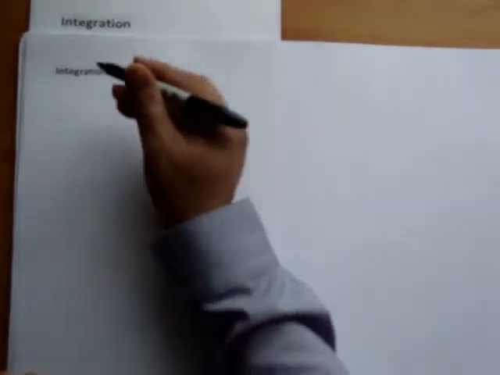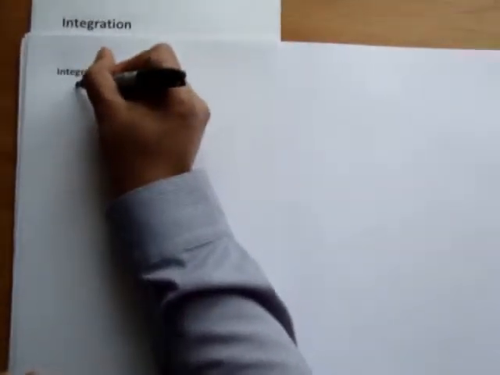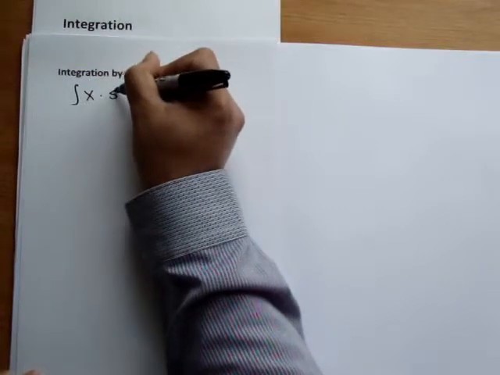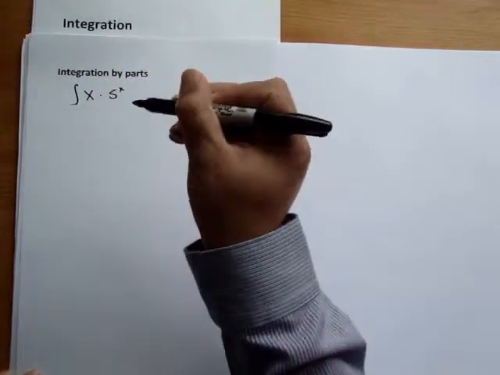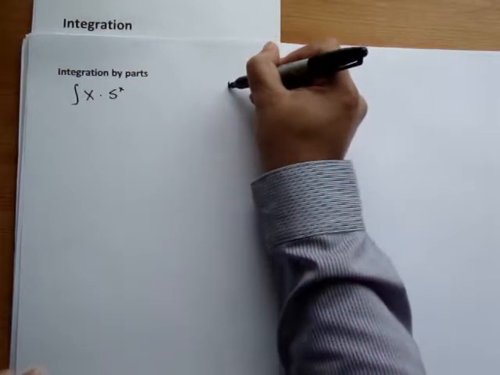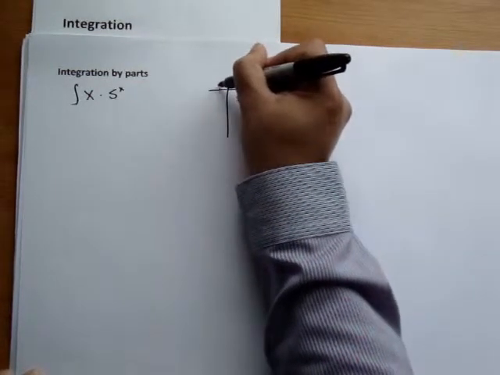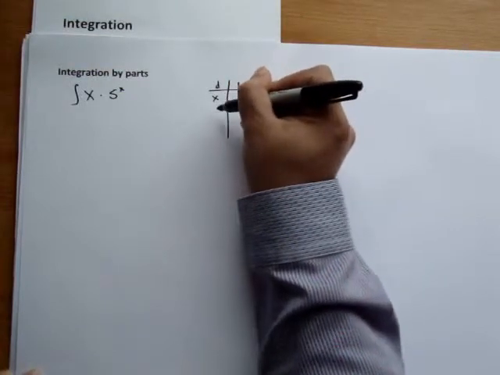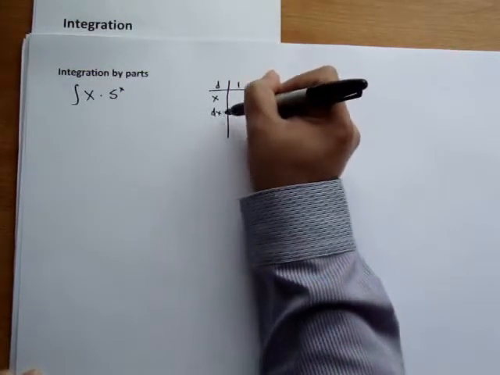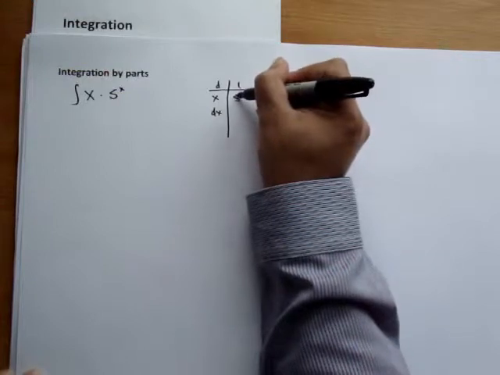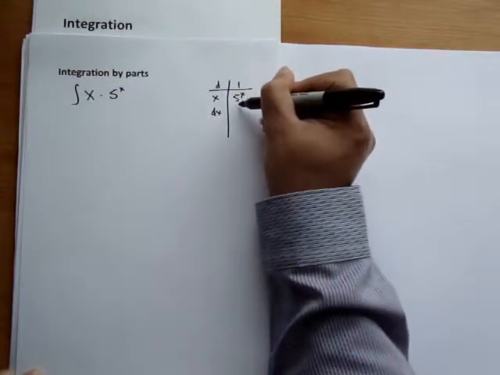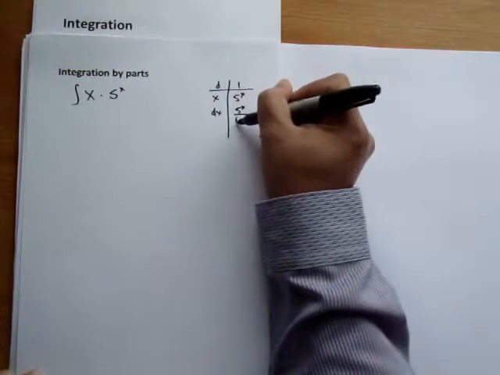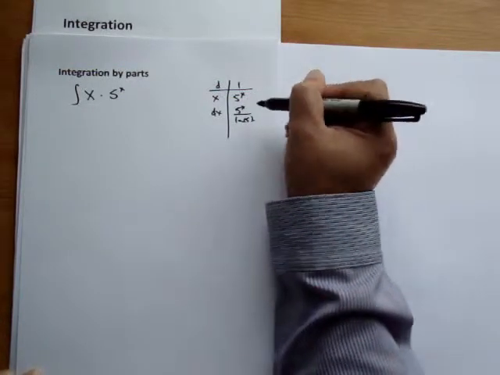Okay, let's quickly use that rule in an integration. So we have the integration of x times 5 to the power x. Let's do our little table here. I'm going to differentiate here, integrate there. Choose our u value as x. When we differentiate down we get dx. Here we have 5 to the power x. When we integrate down we get 5 to the power x over the natural log of 5.